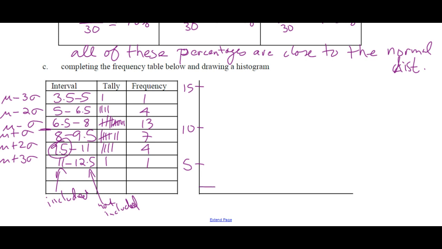Now I want to make all my bars the same width, and their height represents the frequency. 5 to 6.5 is 4, so 4 is about here. Next interval is 6.5 to 8, which is 13, so 13 is about here.